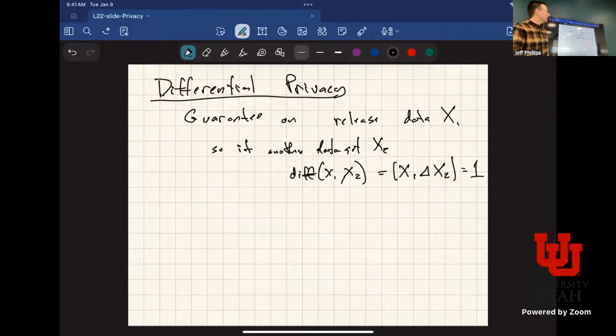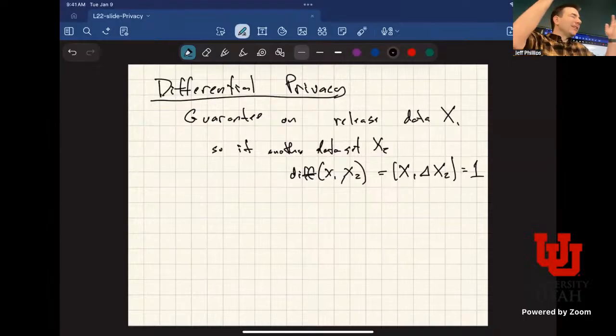Think of the data set as off by one value: there's one data point that's different between x1 and x2. So there are two nearby data sets that are very similar to each other, their difference is 1, and you get to decide what 1 means.